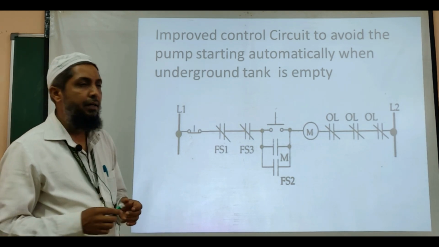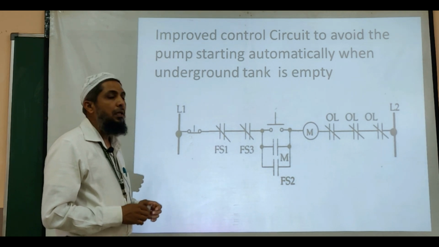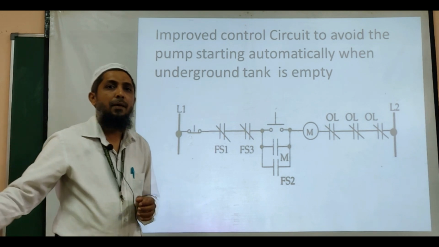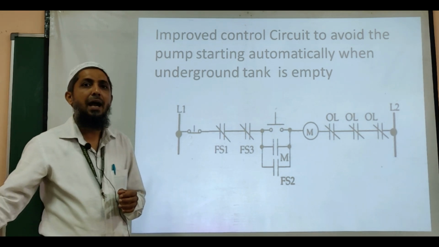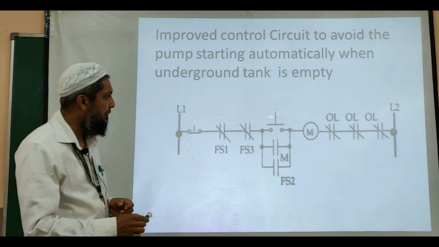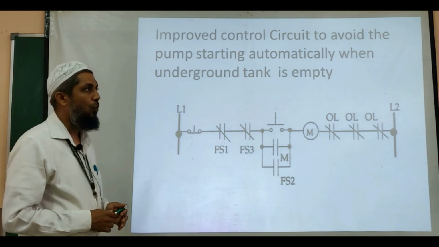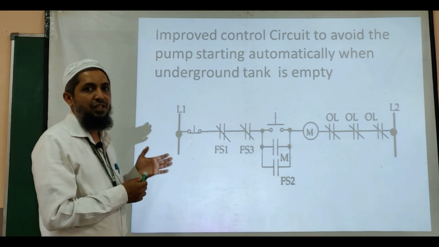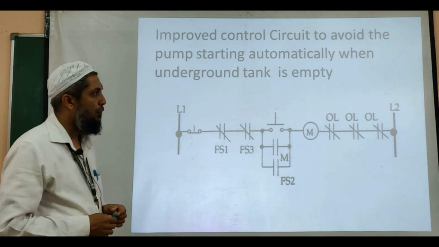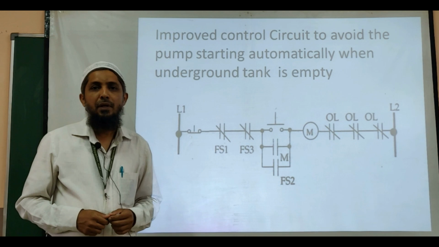So the pump is started, till the water gets filled in the overhead tank, or the water gets totally dried in the underground tank. If there is no water in the underground tank, FS3 gets opened and the pump is stopped. So this is how we improve the existing circuit by installing add-on limit switches for the applications. Hope you understand. Thank you very much.